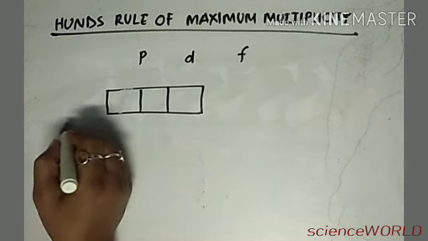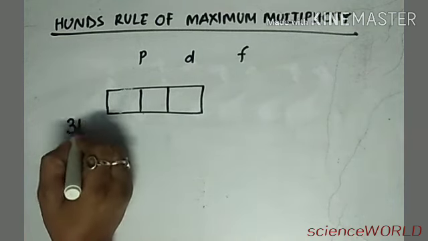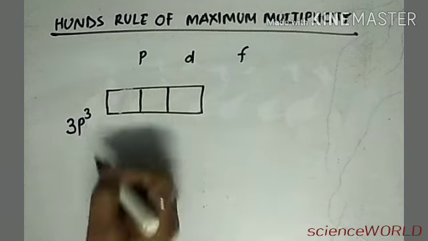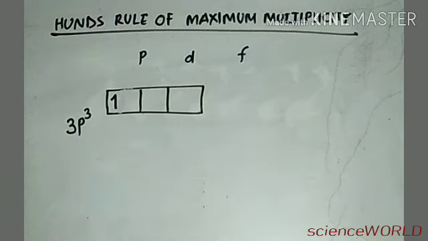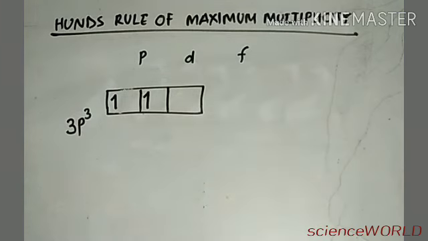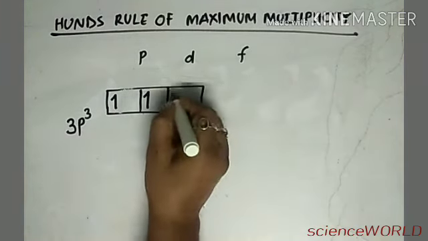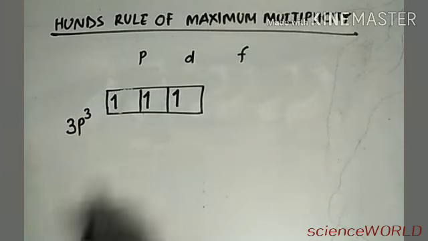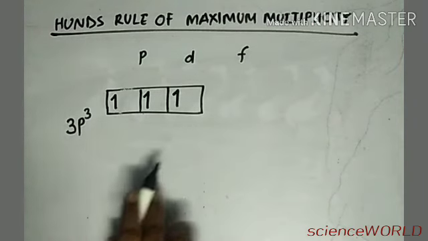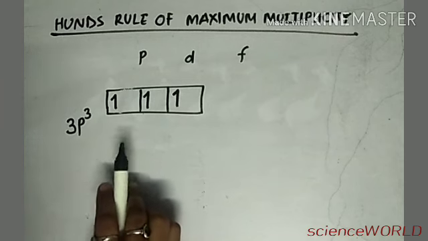If we have 3p3, or sorry, a set of quantum numbers for 3p3, then 3 electrons are there. So an electron has to be filled in this orbital, then the second electron comes in the next one, and the third one is here. This is the half-filled condition, right? We know that half-filled conditions are also very stable.